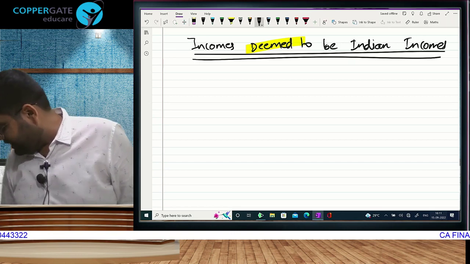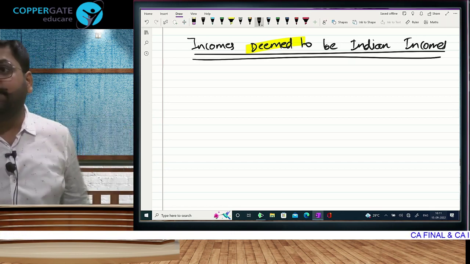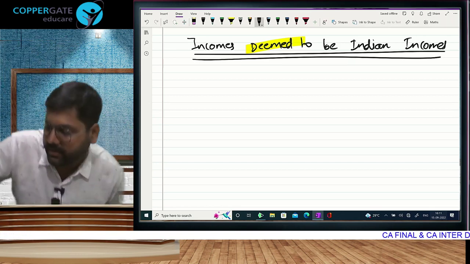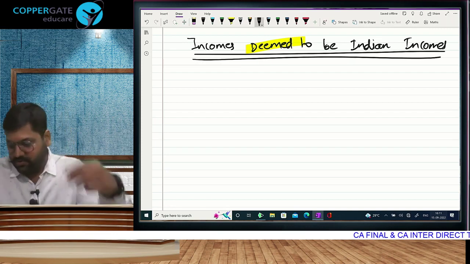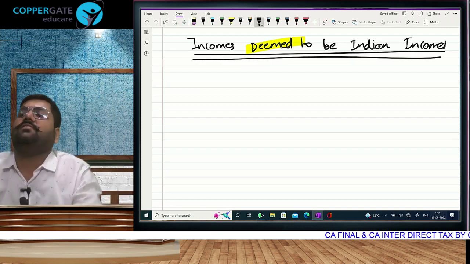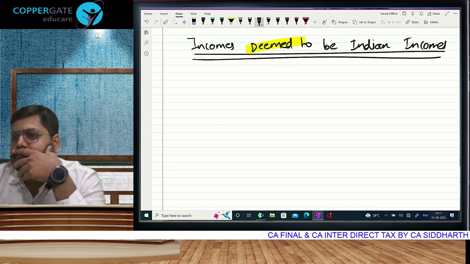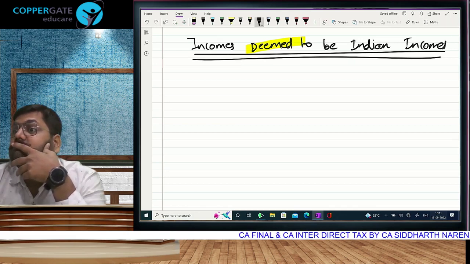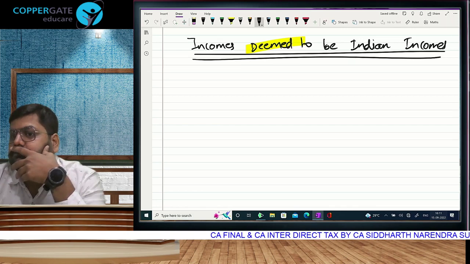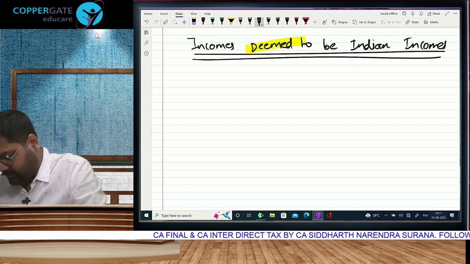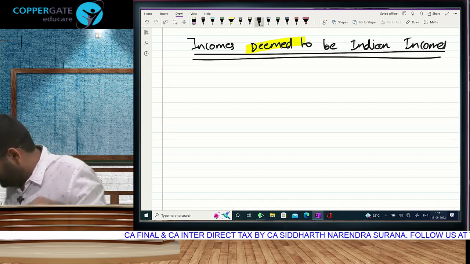So can you tell me what does the word deem mean? This is not tax, this is a word in English and I want to know the meaning. Come on, speak up, Poddar people, marriage people. Yes, so what is your word?